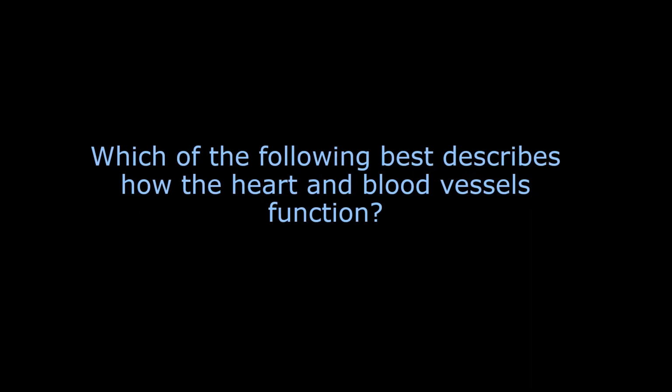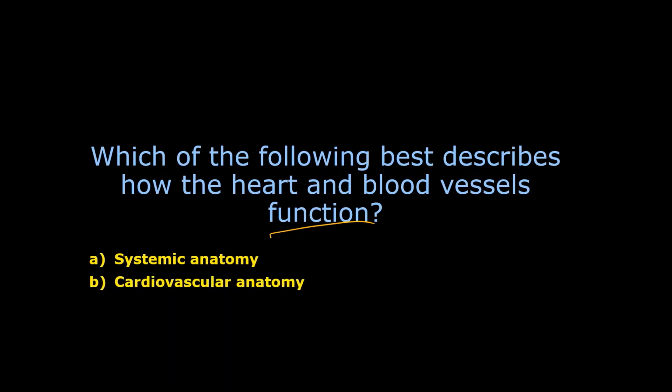Cardiovascular. So let's see if something here reminds us of that. Systemic anatomy. Well, anatomy is wrong because we're talking function again. So I'm not going there. Cardiovascular, there's part of our answer, but I see anatomy again. And anatomy is structure, so I'm going to move away from that one too. I don't like either of those.